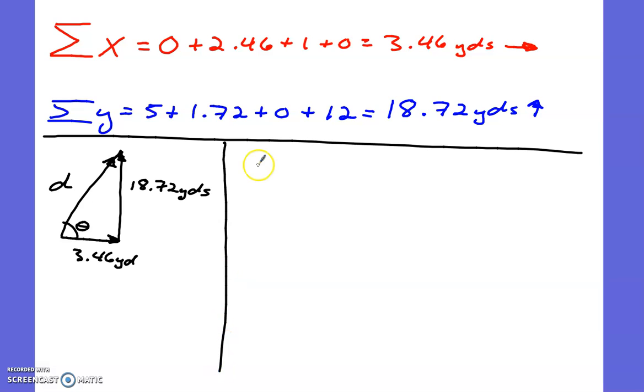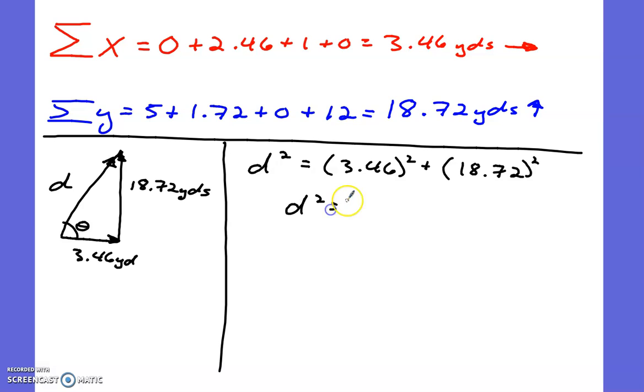We find the hypotenuse using the Pythagorean theorem. The hypotenuse squared is equal to 3.46 squared plus 18.72 squared. Again, if I take 3.46 squared plus 18.72 squared, I get 350.5.